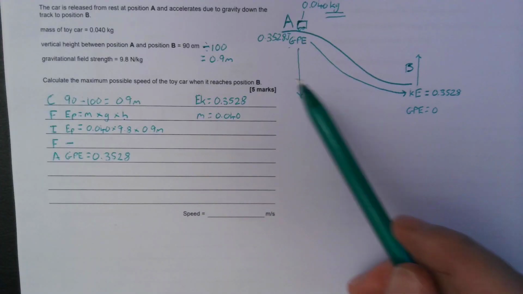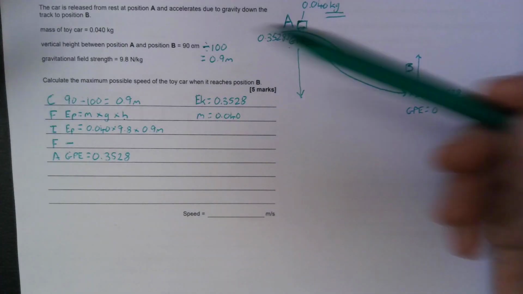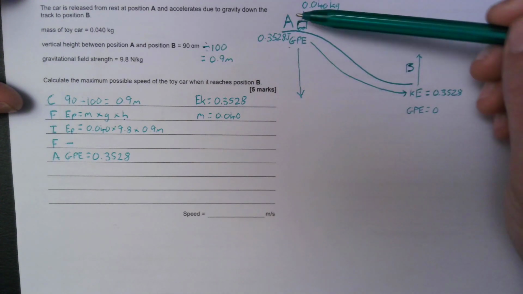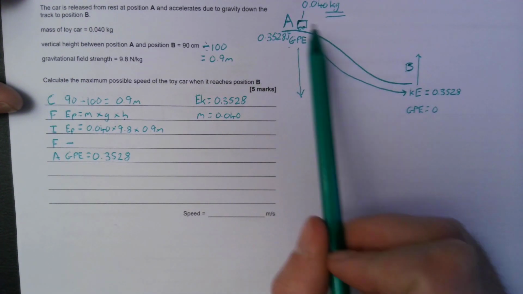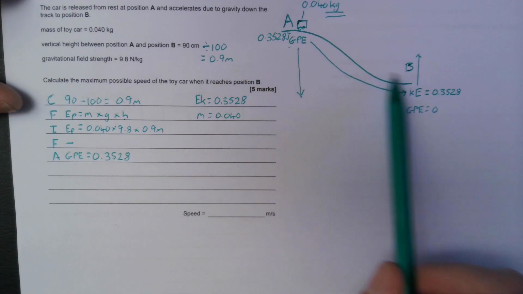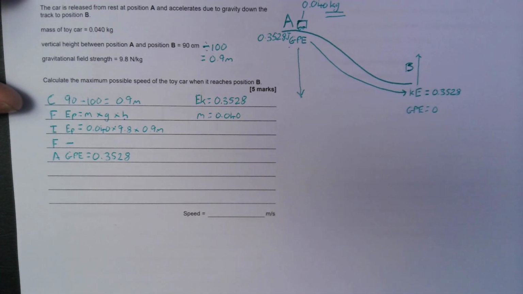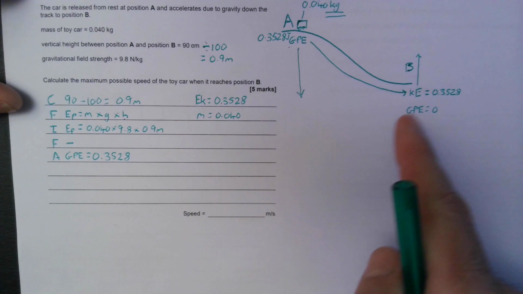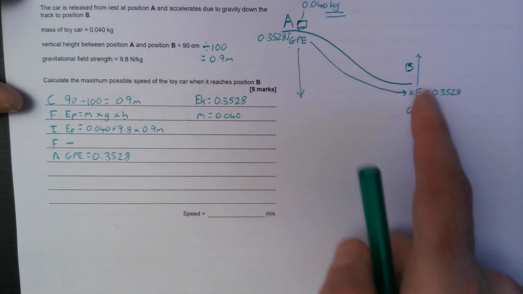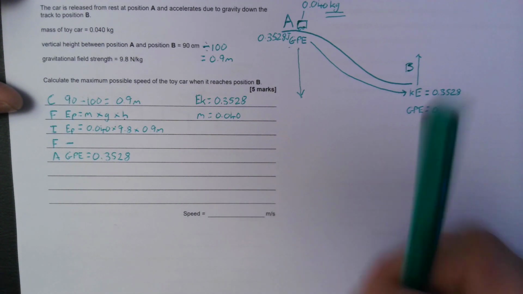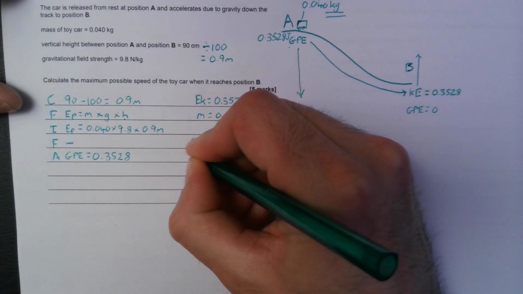The only hard thing here is knowing that if you're working out gravitational potential energy and something's going down the slope, then as it rolls down the slope, it gets faster and faster and faster, so the kinetic energy increases. Any question that's to do with rolling down the slope is always going to be to do with gravitational potential energy and kinetic energy.